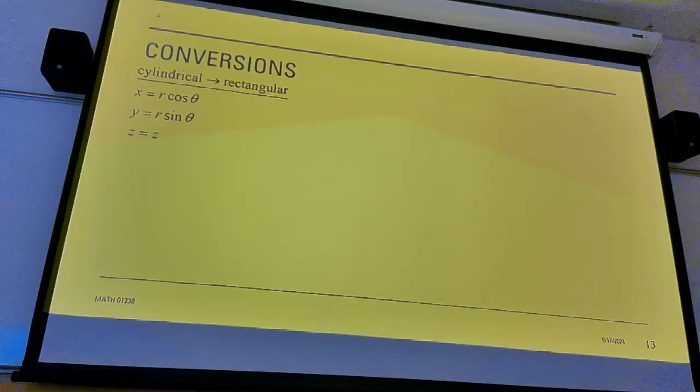Well, r squared equals x squared plus y squared. Okay. And theta involves arctan. Right.